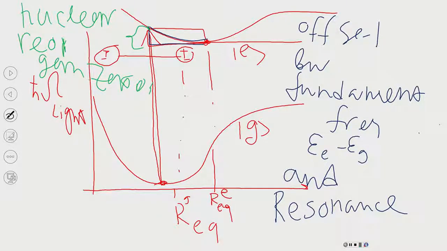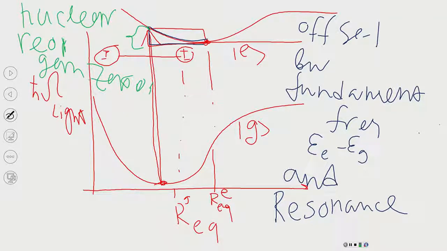If nuclei do not move, if you freeze them, the transition from ground to excited electronic state is just a vertical line. But if we take into account that nuclei can move, then one represents the ground state by a potential surface, which we were describing as a little harmonic oscillator close to the equilibrium, if there are no external perturbations. But in the excited state, the equilibrium position can be offset away from this equilibrium.